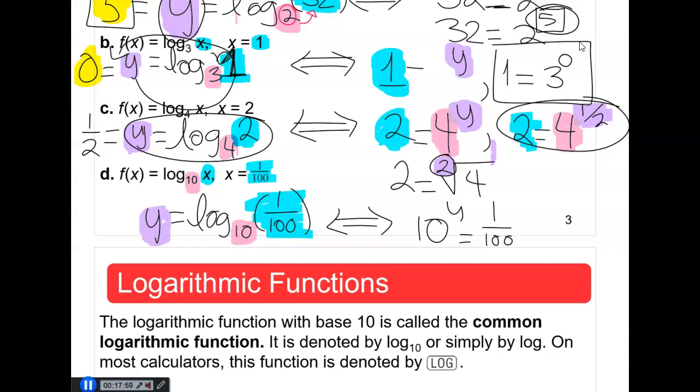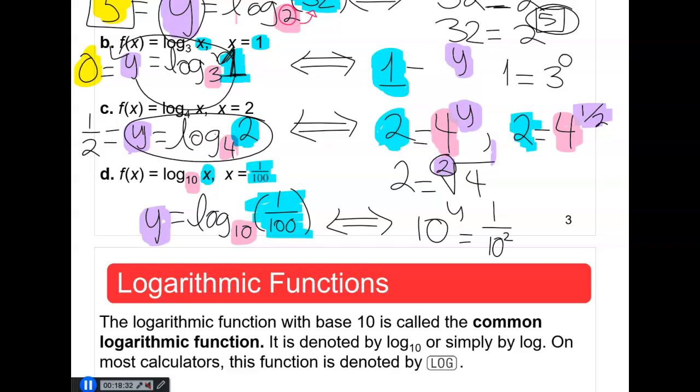So then I'm going to replace 100 with 10 squared. But as you can see, it's still in the denominator. So now if I want to bring that 10 up to the numerator, the exponent of 2 is going to change to a negative 2.